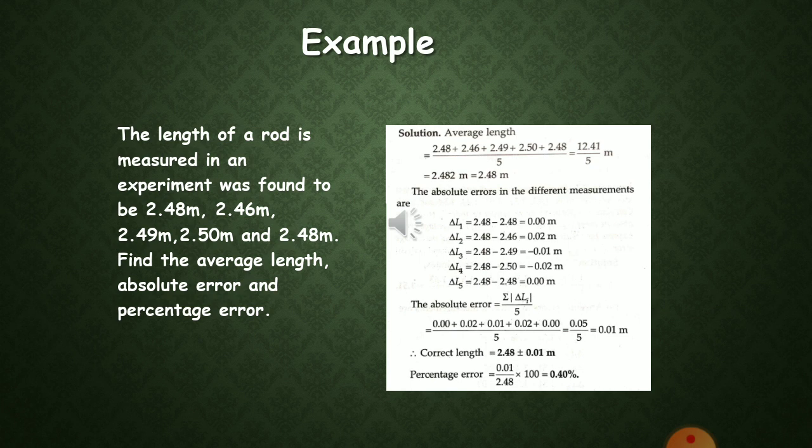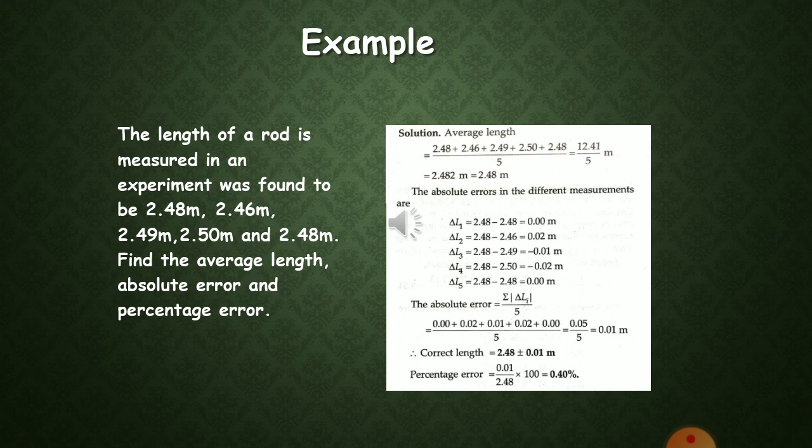From these observations, you can see that some calculations are positive and some are negative. But when you calculate the mean absolute error, you will add all the values whether their sign is positive or negative. And finally, the error comes out to be 0.01 meter.